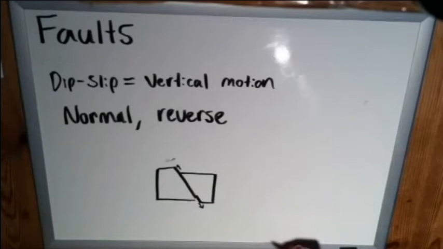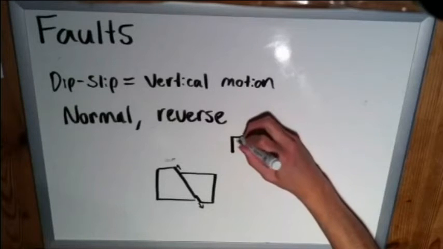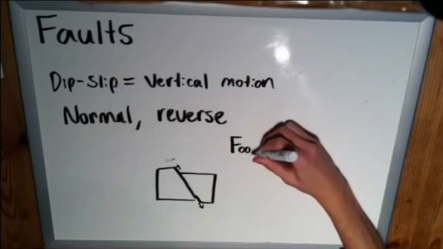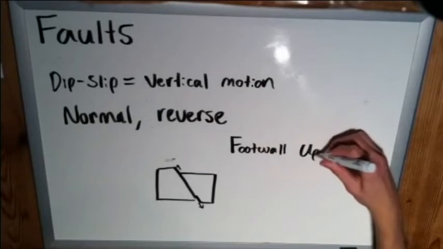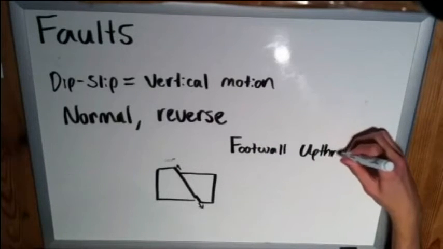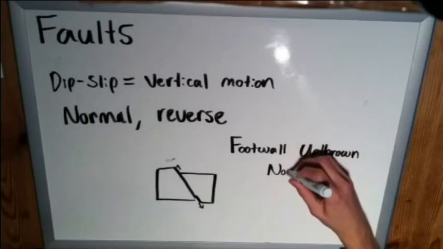Now because of this, we have a neat little, what do you call them? Whatever. Ways of remembering this. The footwall, when it is upthrown, thrown upwards, the fault is normal.